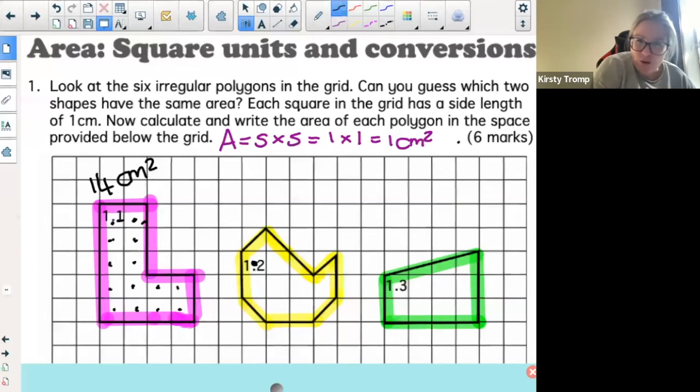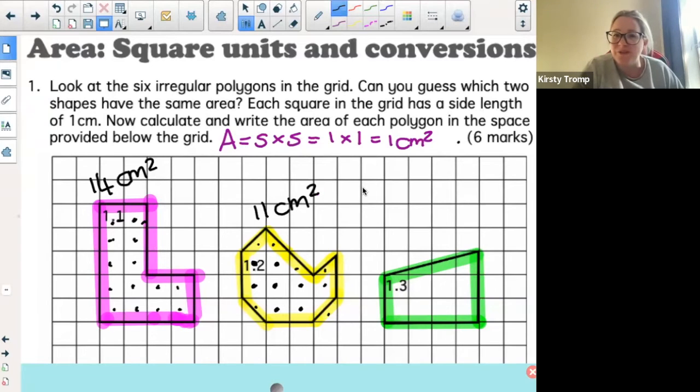I'm going to ignore these halves for now because those are kind of hard. 1, 2, 3, 4, 5, 6, 7, 8. Then I've got 8.5, 9, 9.5, 10, 10.5, 11. Well done. 11 centimeters squared. Thanks, Mulalo.